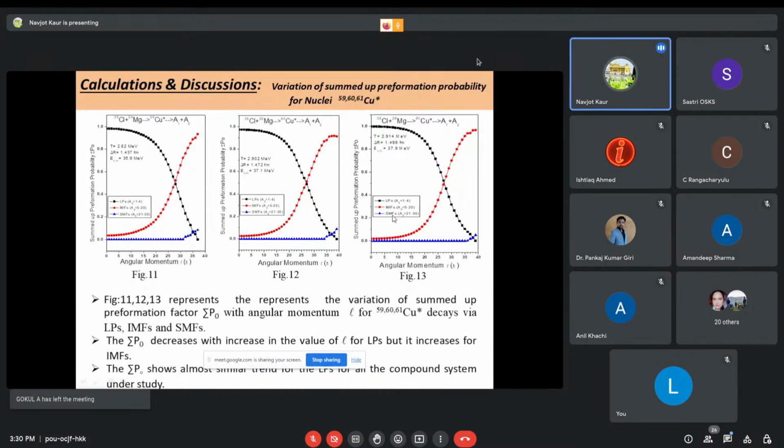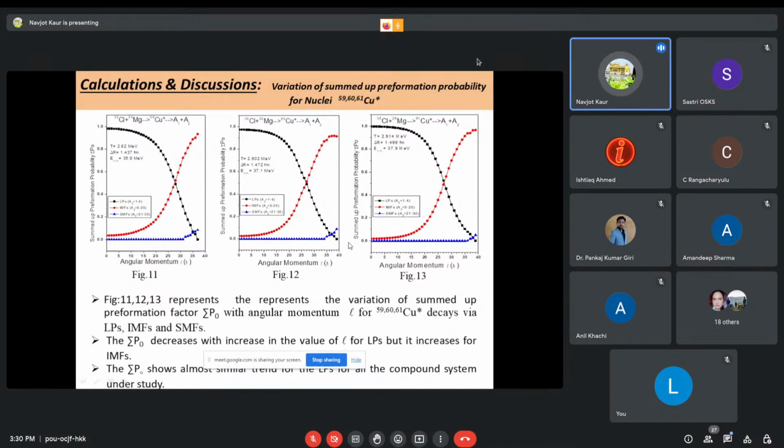So the summed up preformation decreases with increase in the value of L for the light particles, but it increases for the intermediate mass fragments. Light particles are those whose masses lie between 1 and 4, intermediate mass fragments are those whose mass is between 5 and 20, and similarly symmetric mass fragments are those whose mass lies between 21 and 30.